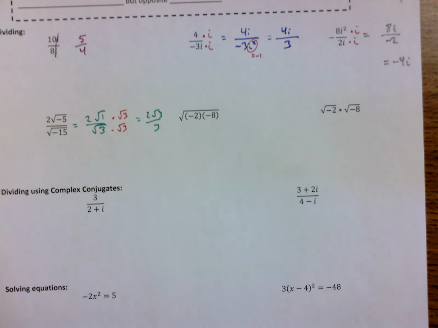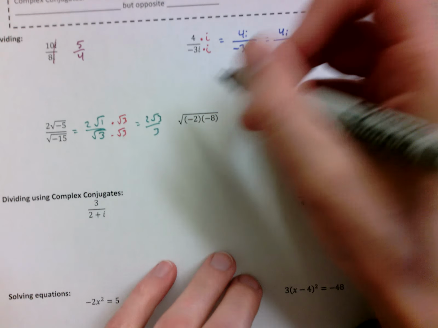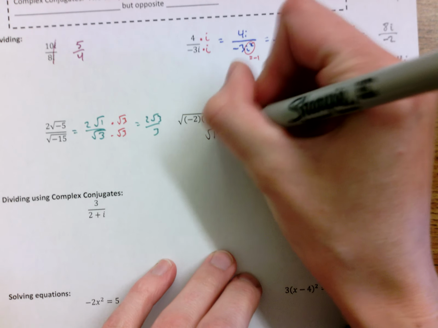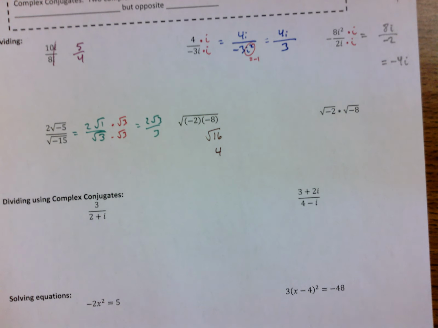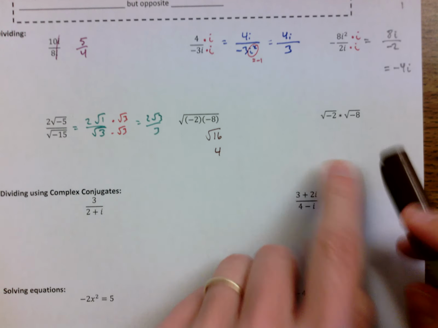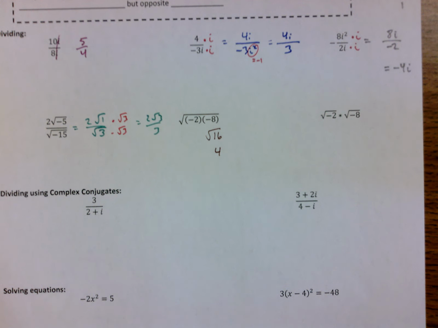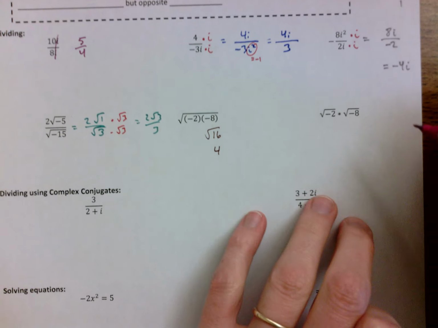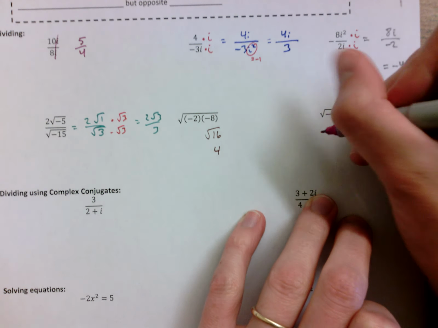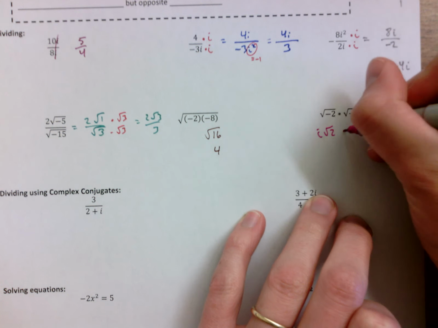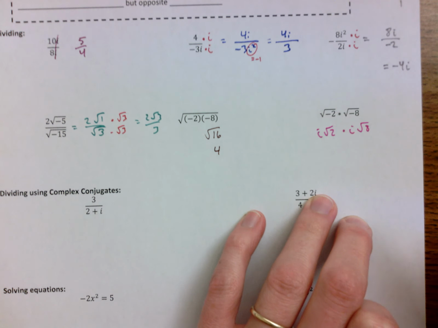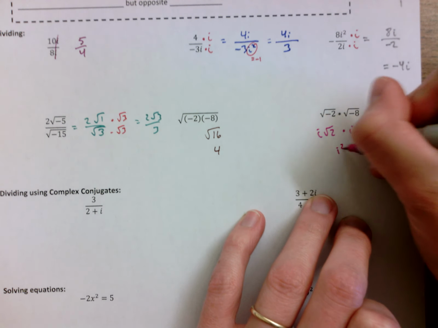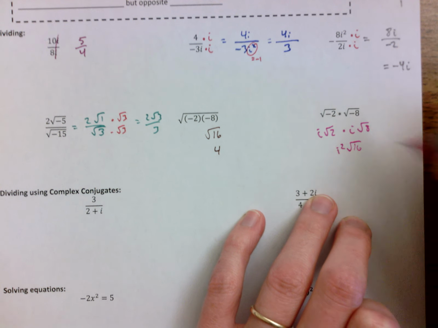When you look at this one, you'd multiply first, and negative 2 times negative 8 is positive 16, so your answer's 4. But on this one, because they're separate square roots, the first thing you have to do is pull the i's out. So you make this i root 2 times i root 8, which is i squared root 16.